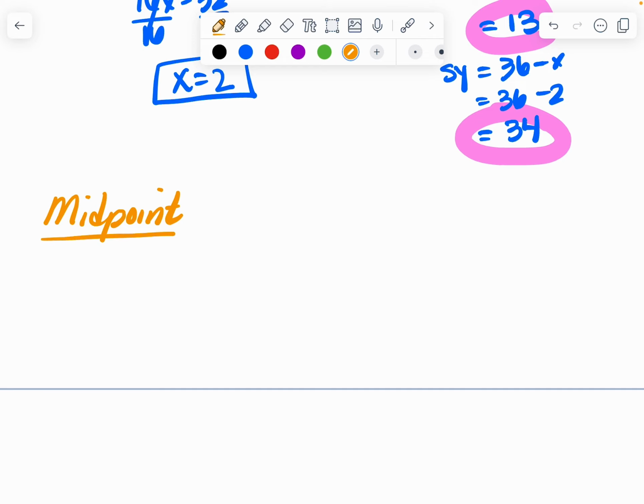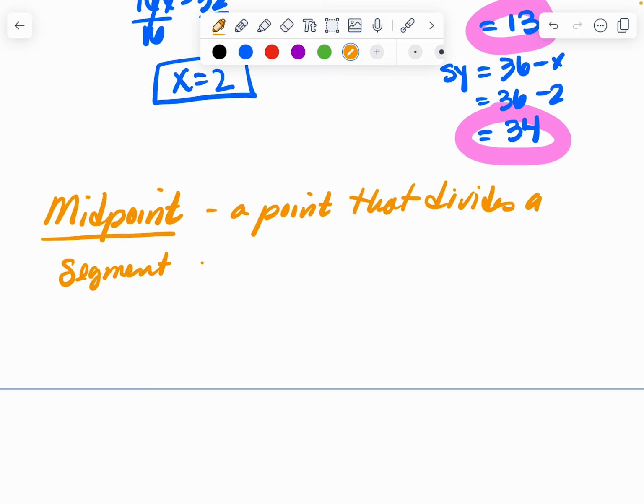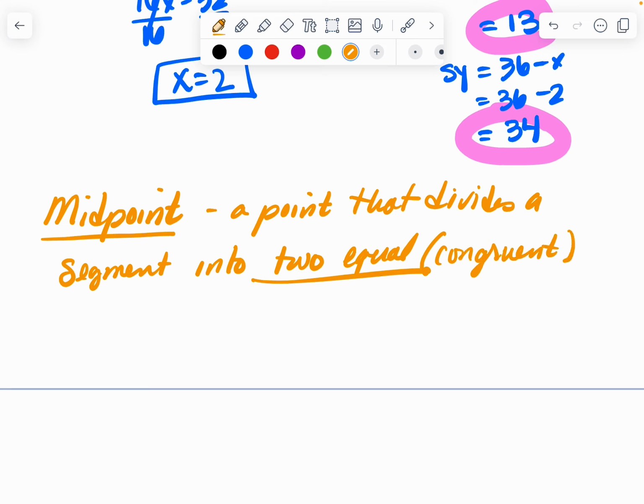Midpoint is a point that divides a segment into two equal, and that's the important part, equal and congruent, if we're using all kinds of math language here, segments.